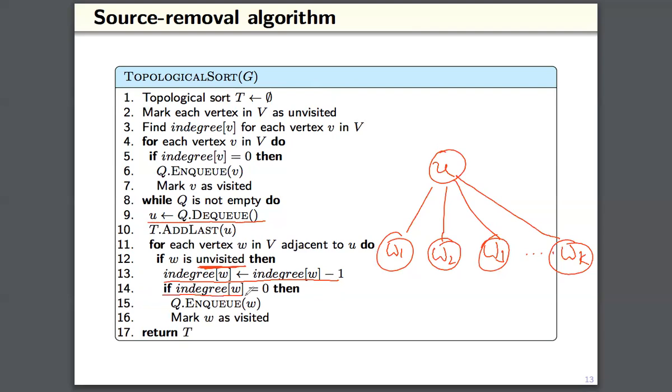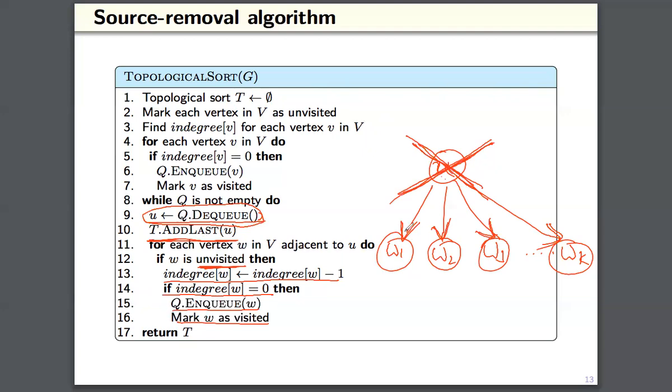And if in degree of W is equal to 0, then NQ and mark as visited. See, once you delete this node, deleting this node or adding that node to the T means that you are dequeuing. Once you dequeue, you need to remove all the edges emanating from that vertex. Remember, this is what we said. You need to remove all the edges coming out of that vertex also.